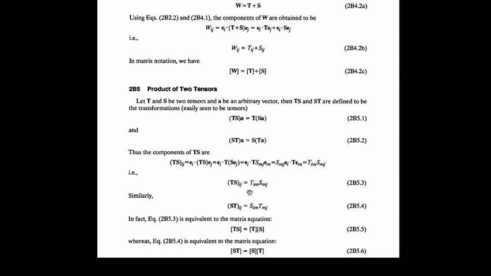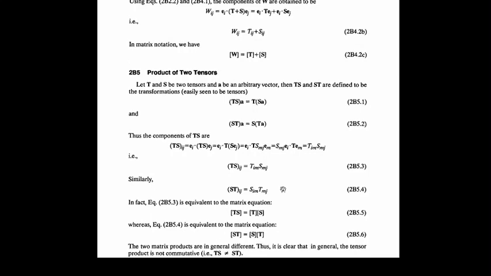So we can get the first component, component 11, equal to T_1m S_m1. Now you will have to open the summation on m. Then you will get the first component of the product. Similarly, the second, third, fourth, up to the ninth component of the product TS or ST.